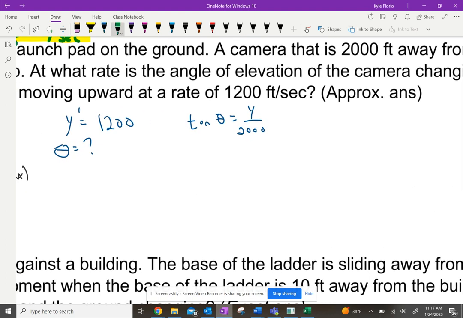So same thing here. Let's take the derivative of both sides. The derivative of tangent theta is secant squared theta times theta prime. The derivative of y over 2,000 is y prime over 2,000.